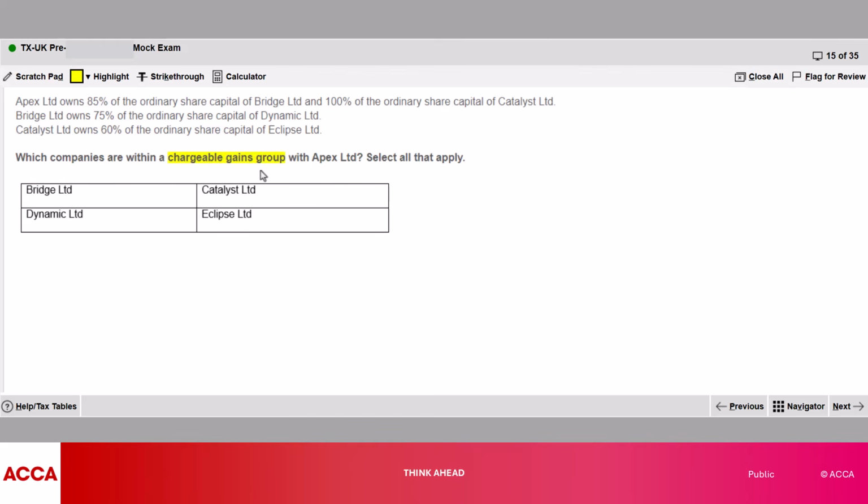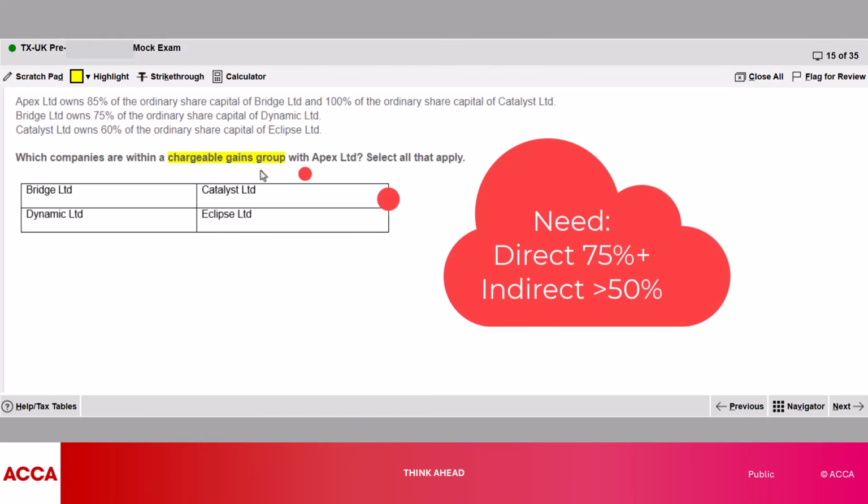This question tests your knowledge of chargeable gains groups. We're asked which companies are within a chargeable gains group with Apex Limited. Chargeable gains groups need a direct 75% share and an indirect share of greater than 50%, where we have sub-subsidiaries.